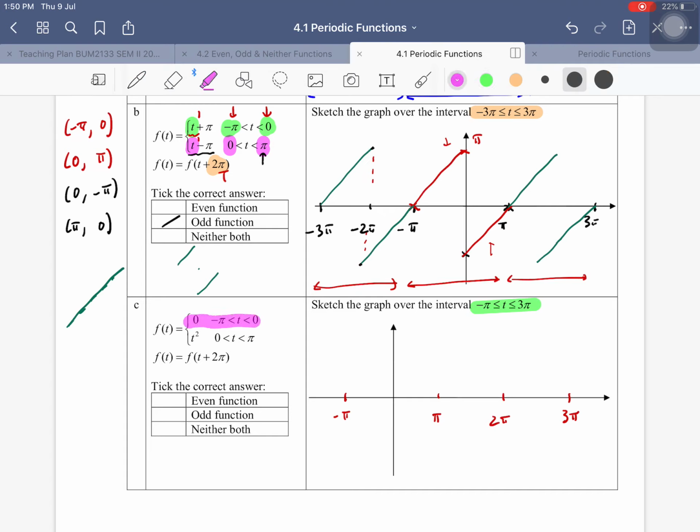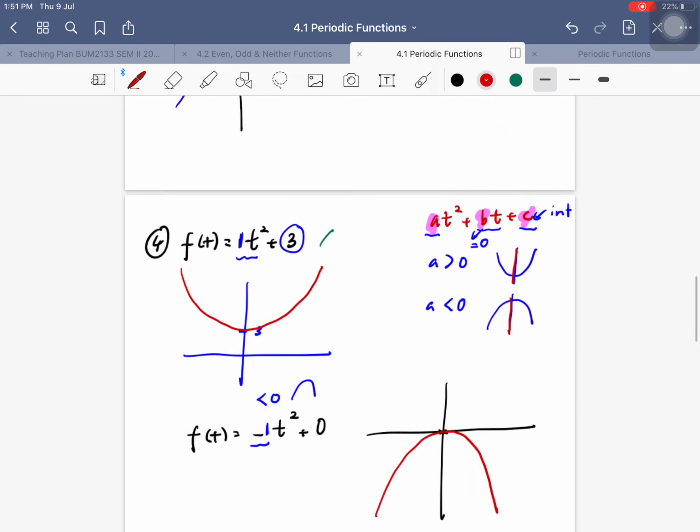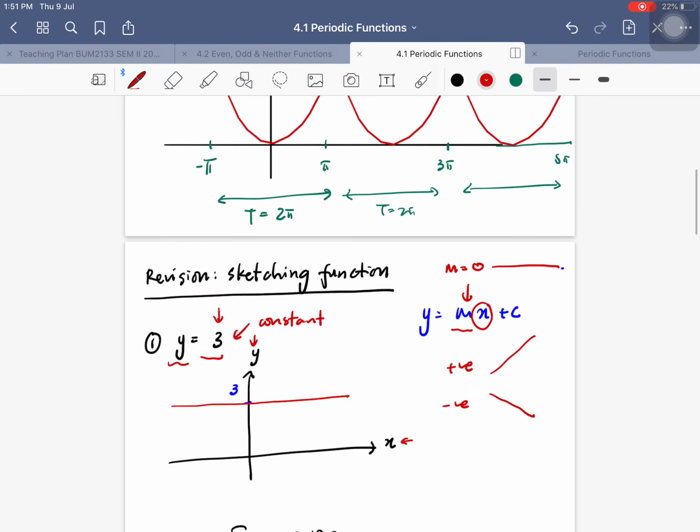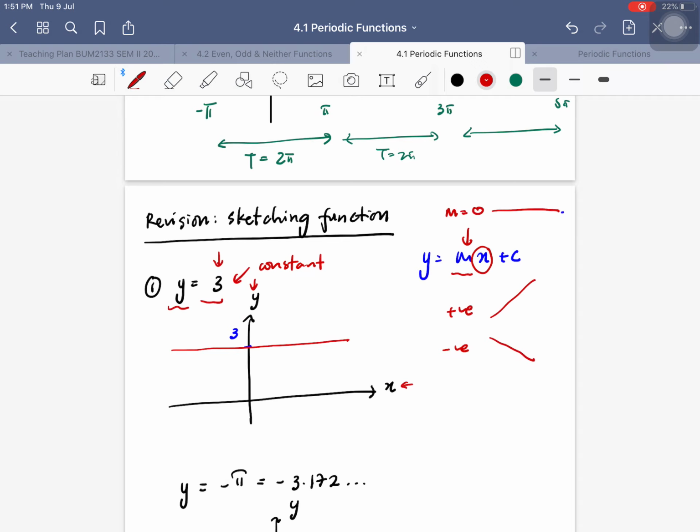It's going to equal 0 from negative pi until 0. If you notice, this is actually a graph of a constant. If I write it in terms of y, this is a graph of just y equal 0. We know that based on what we have discussed previously, on what I have shown you. When we have a graph of a constant, it means that the gradient is a value of 0.